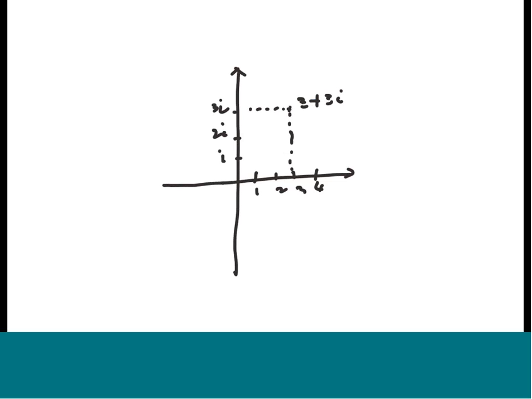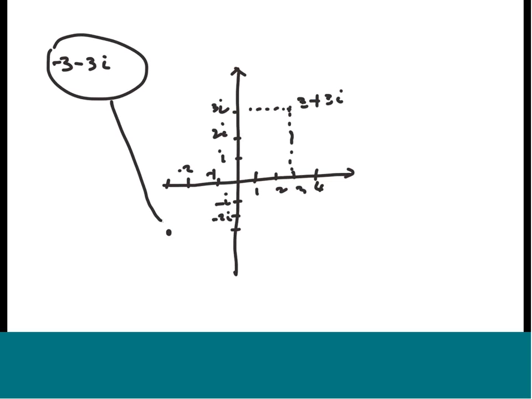What is here is going to be negative i, negative 2i. Here is going to be negative 1 still, negative 2 still. That's all. So where is minus 3i? It's going to be here.